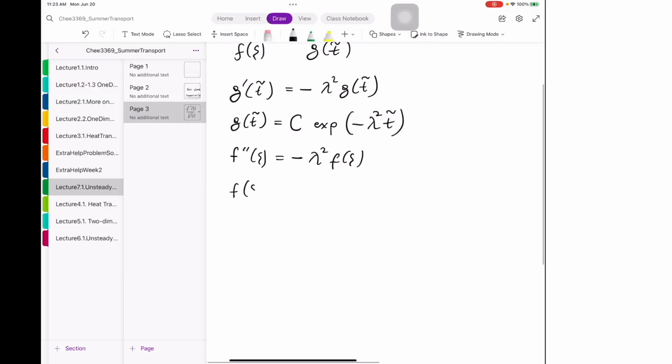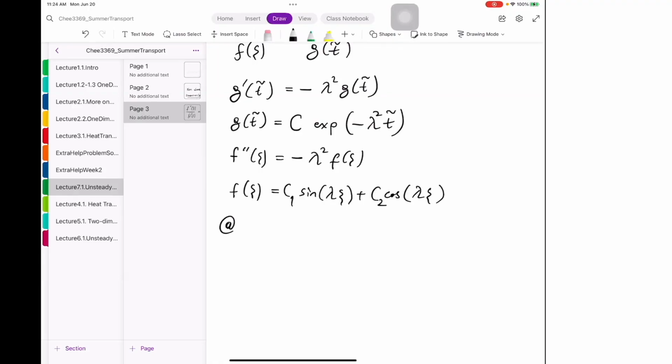So f of psi must be a linear combination of sine and cosine, which is lambda psi, right? Now we're going to write down the boundary conditions, right?